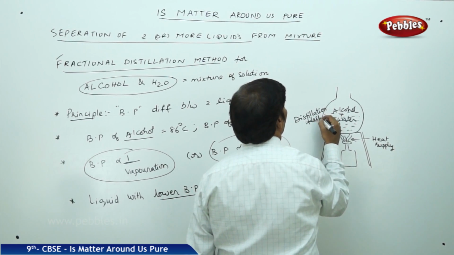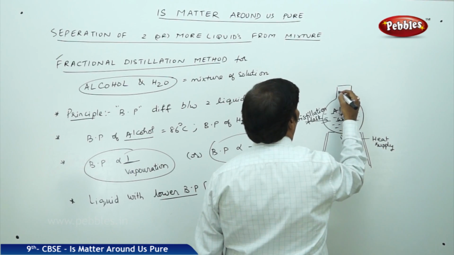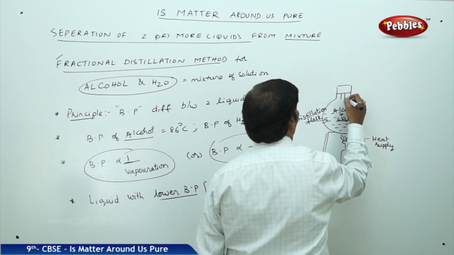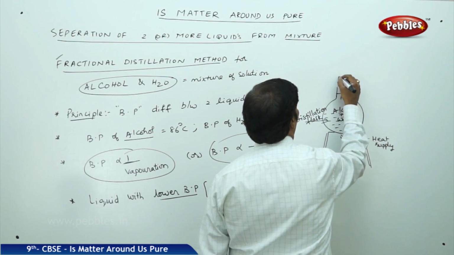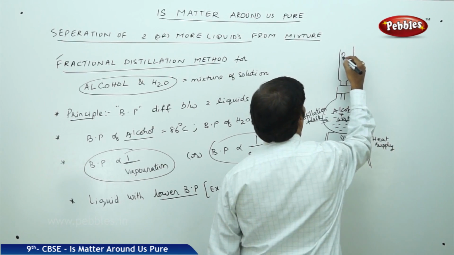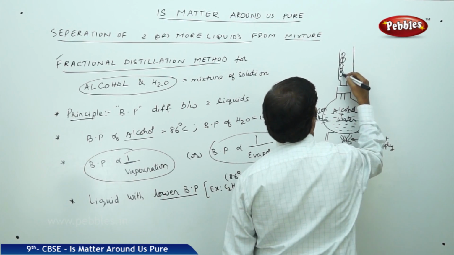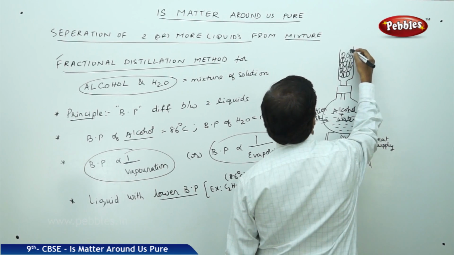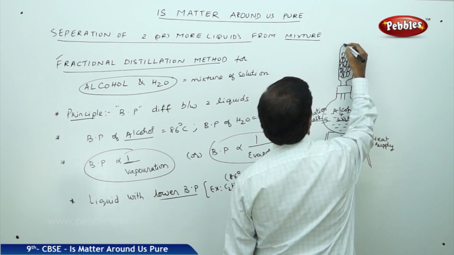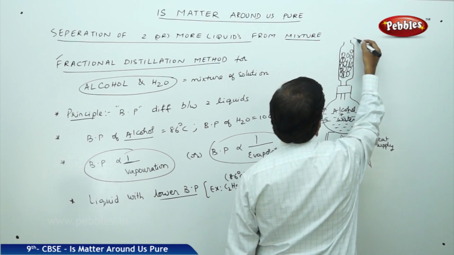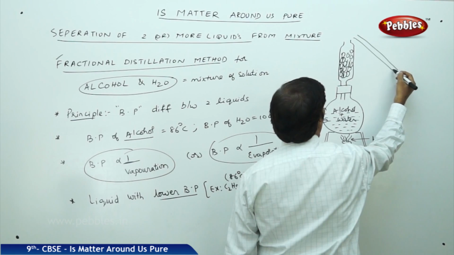Then for this you fit a rubber cork in such a manner that it is given one more glass pipe, a glass tube like this. In this we are filling all the glass beads, which give the necessary cooling effect. Then from here we pass a condenser.